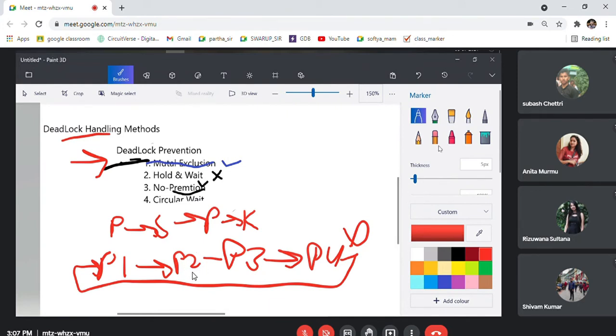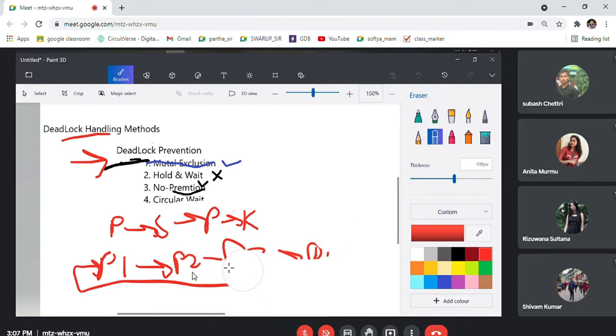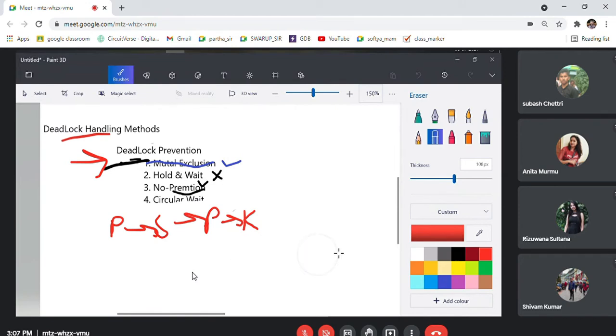So how do we do that? The first step is, for each resource you assign numbers. Don't use the name of the resource, you assign a number to it.